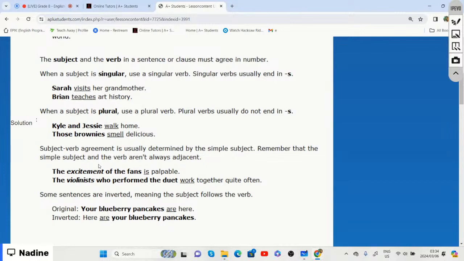Remember that the simple subject and the verb aren't always adjacent, they're not always together. For example, the excitement of the fans is palpable.